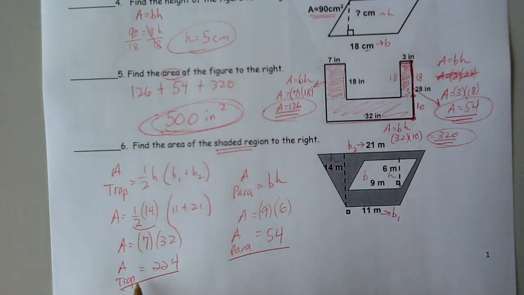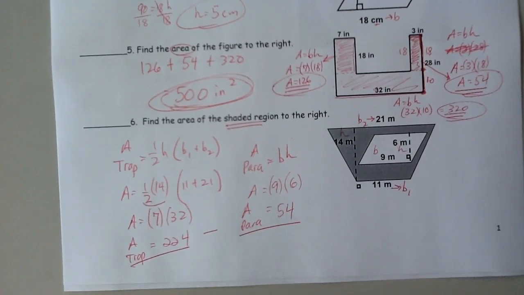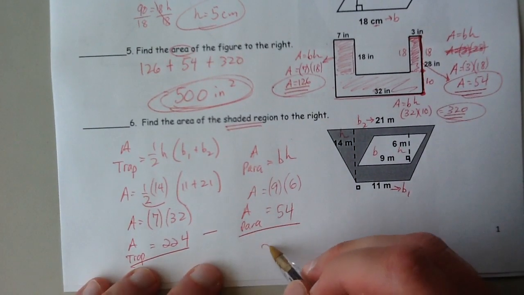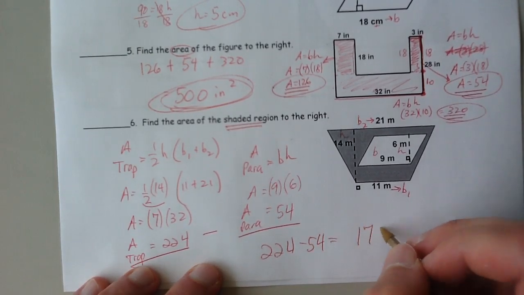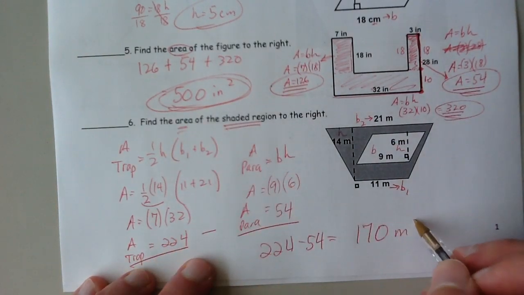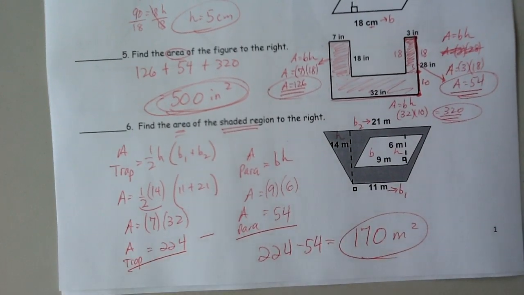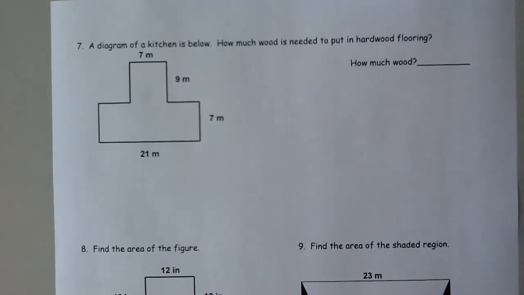Okay, so if I take the area of the trapezoid minus the area of the parallelogram, that will give me the area of the shaded region. So 224 minus 54 is 170, and this is still the area, so this should be in square units. That's square meters.